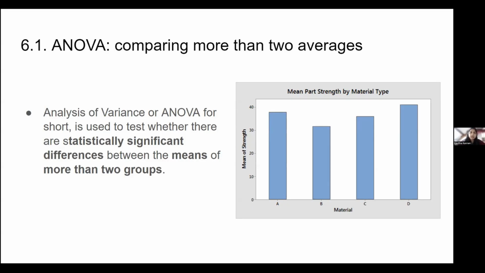Oftentimes, like in my experiments, I tested my animals with three kinds of drugs, and I also had a control where I just gave them water or a solution, just to see if they reacted normally to just water on that particular day.